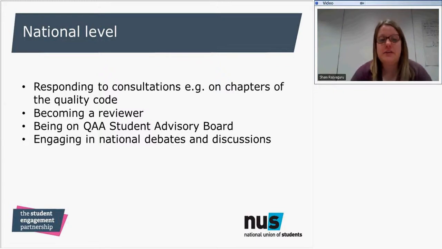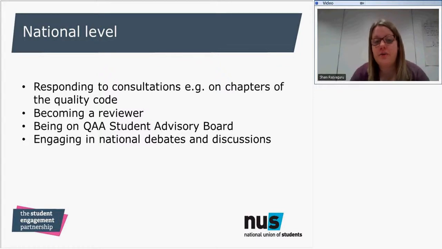At national level, we've got things like responding to consultations that could be on chapters of the quality code when they're reviewed, or subject benchmarks, or various consultations that often the QAA have available. Becoming a reviewer is really great for students to be involved in quality processes.